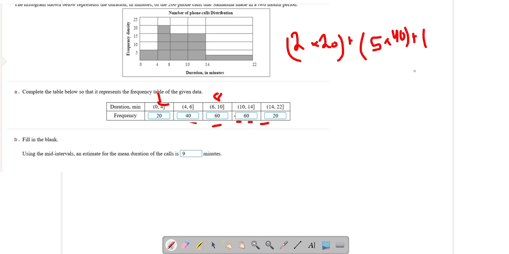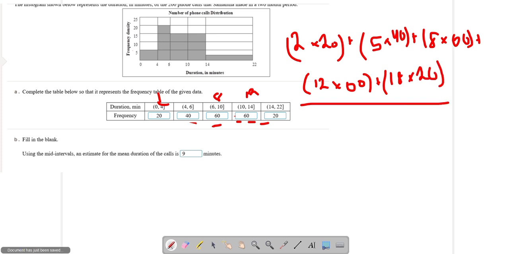It's 8, so 8 times 60, plus 10 and 14, it's going to be 12 times 60, plus 14 and 22. The easiest way to get it is to add them both up and divide by 2. It's 18, the mid value, times 20. All that over the total frequency, which is 20 plus 40 plus 60 plus 60 plus 20. It is 200.